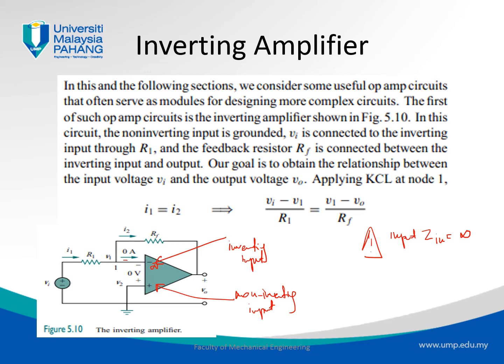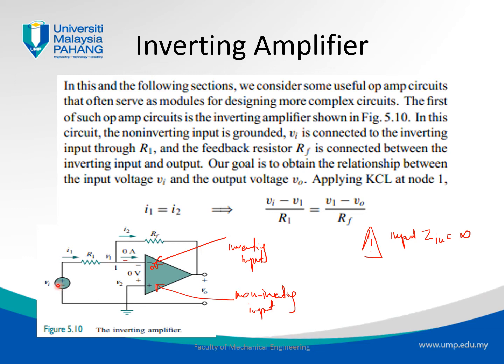Even if we have current that circulates coming out from Vi, it won't be able to come into the operational amplifier. So at this node, which we call node 1, we can write a KCL: I1 equals I2, because the current that gets into the operational amplifier equals 0.